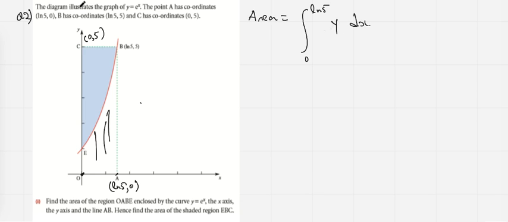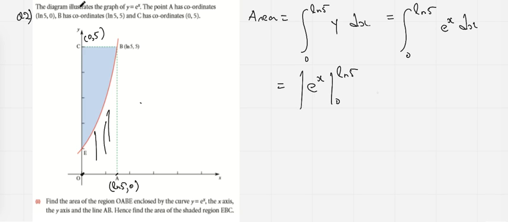So y is your f of x, which is equal to e to the power x. And you know that the integral of e^x is e^x itself. So you now apply your upper and lower limits: e^(ln 5) minus e power 0.